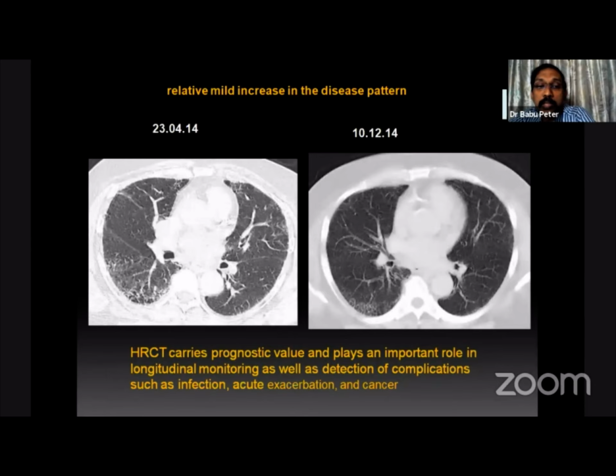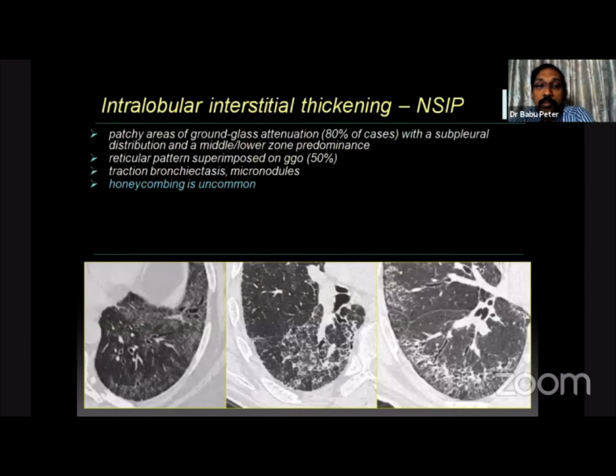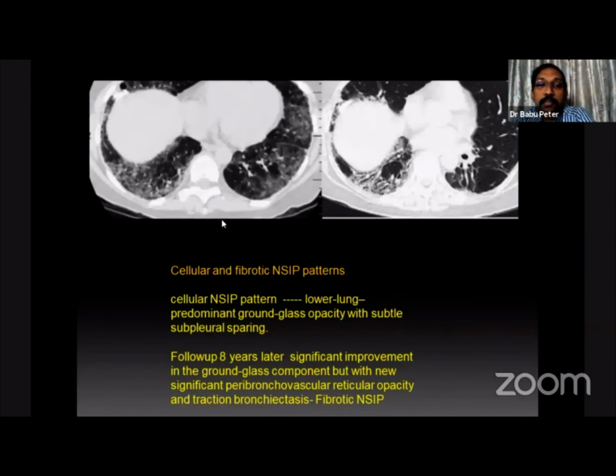Here you can see patchy areas of ground glass opacification with subpleural sparing. This is the cellular form of the NSIP pattern, and it is potentially a reversible phenomenon.